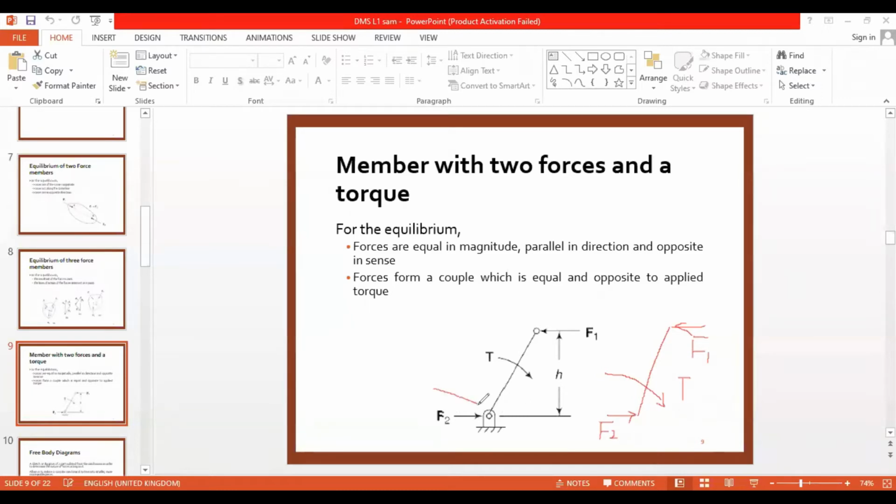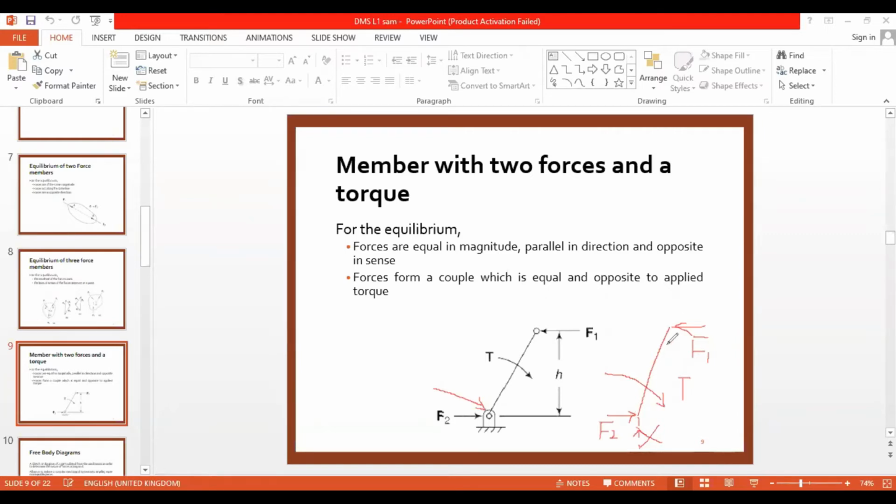If it is acting at some angle, then I will have both vertical and horizontal components. But since this force is acting horizontally, I have only a horizontal force and there is no vertical force. So I remove this rod alone from the pin joint, to make it a free body.